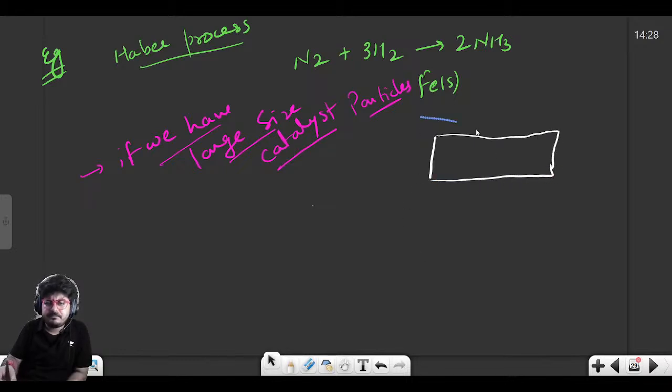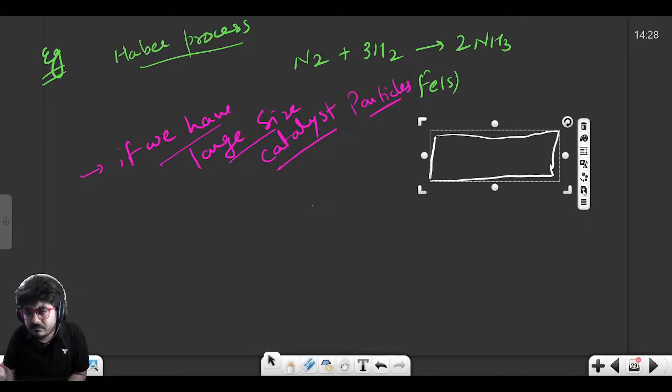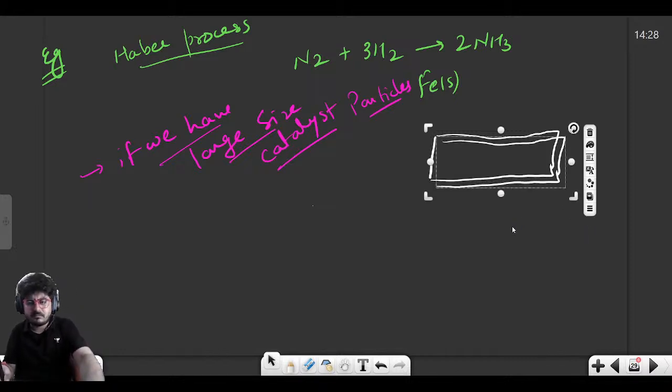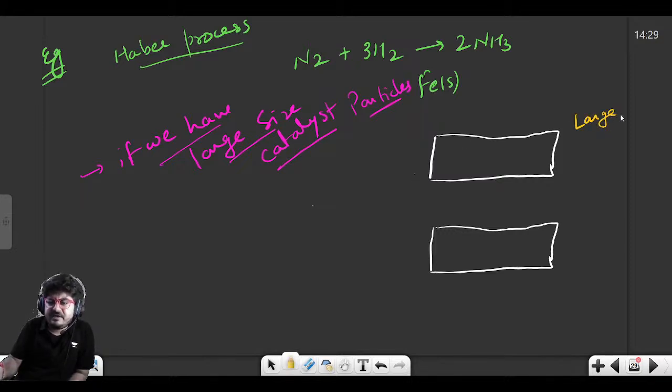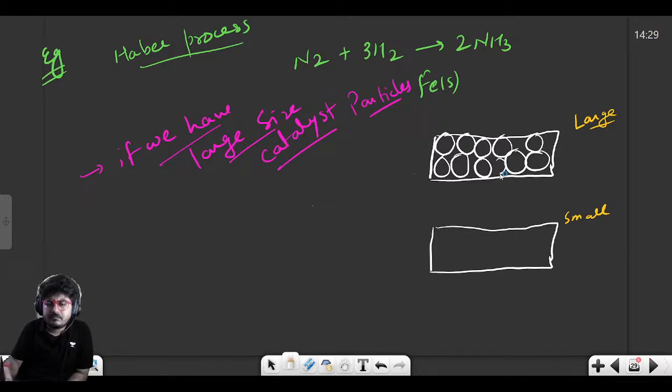Suppose we have a scenario. Suppose we have a case where we have large size particles and one is the case where we have small size particles.